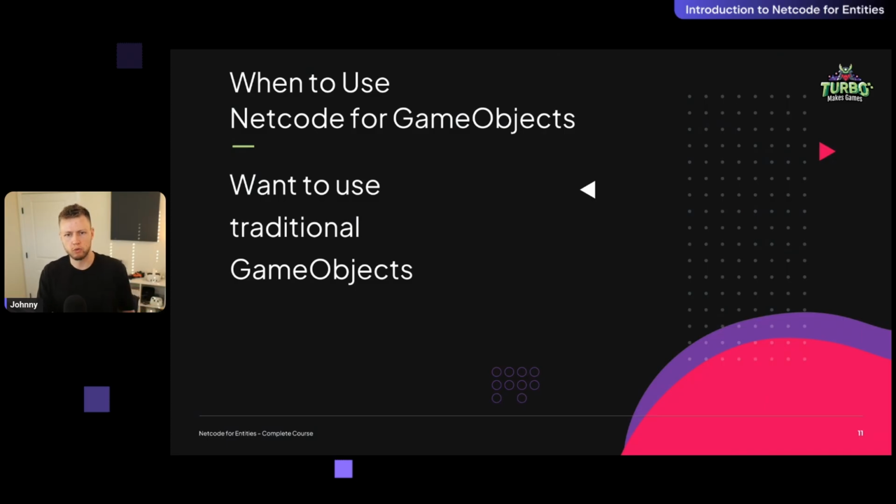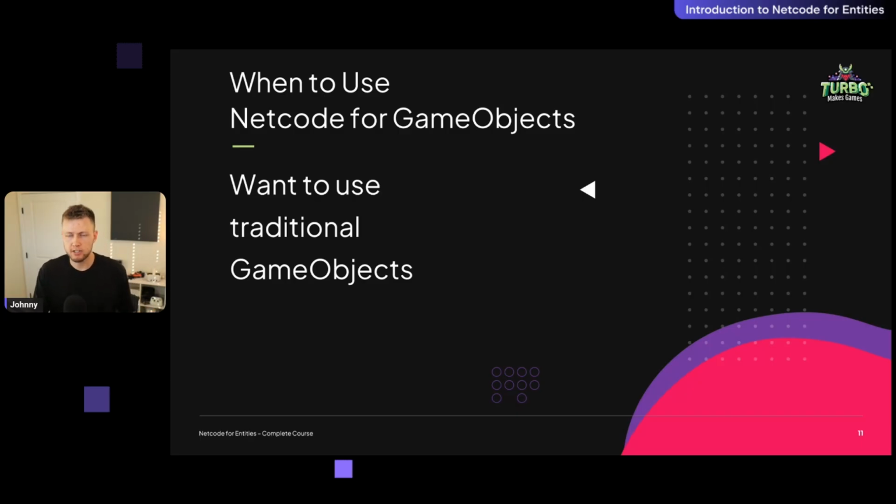One reason would be if you want to use traditional game objects. When we talk about Netcode for Entities, you have to use Unity ECS. So if you're still really comfortable with using Unity game objects, and maybe you already have a game built out with game objects that you want to make multiplayer, then that would be something you would want to look into Netcode for Game Objects for.